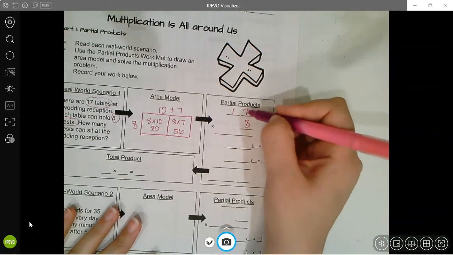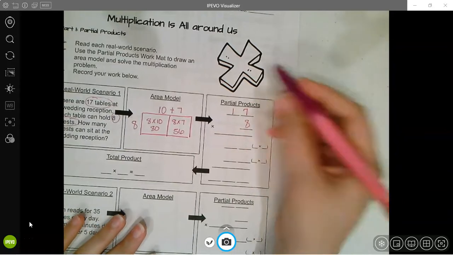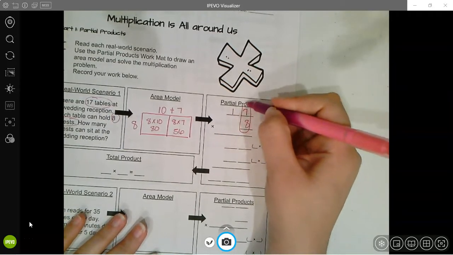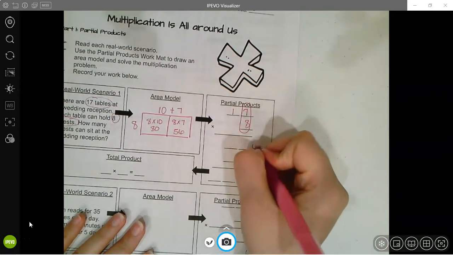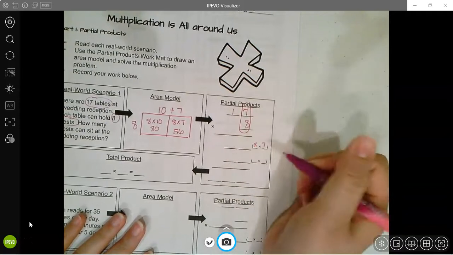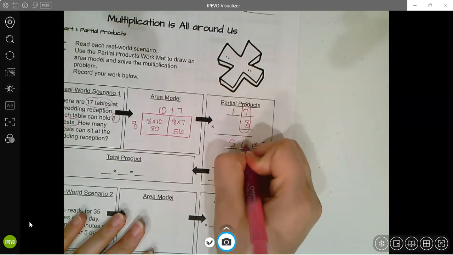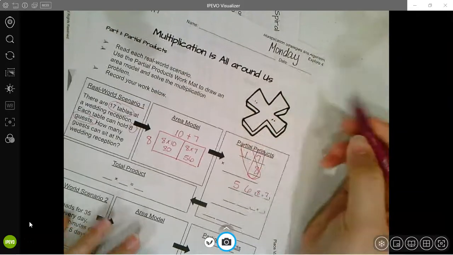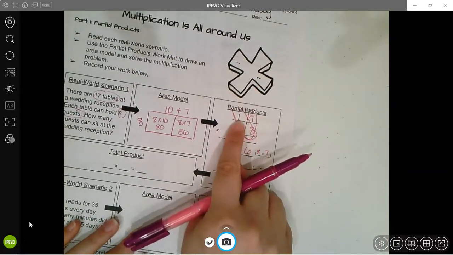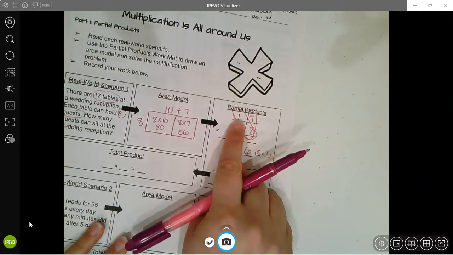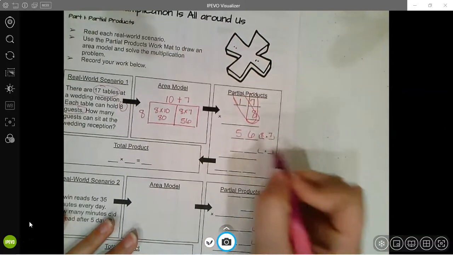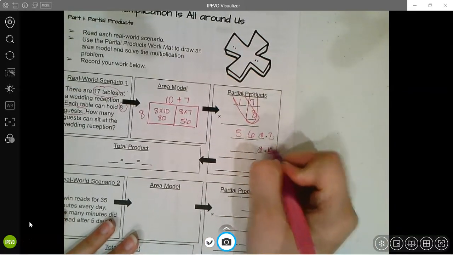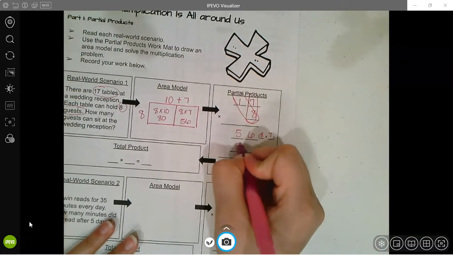So I'm going to multiply 8 times 7 first, and we know that 8 times 7 is 56. Then I'm going to do 8 times 10. I know this is a 1, guys, but remember, it's in the tens place, so it's technically a 10. So 8 times 10 is 80.